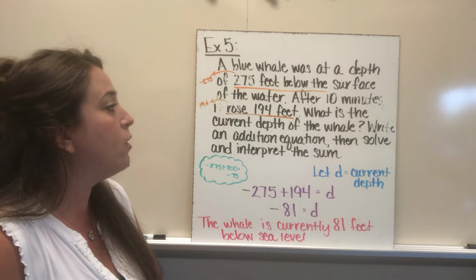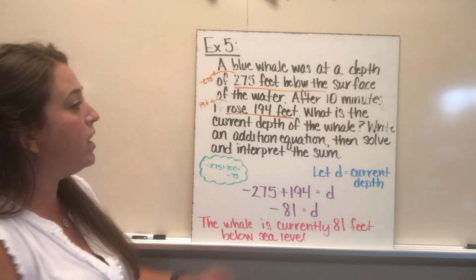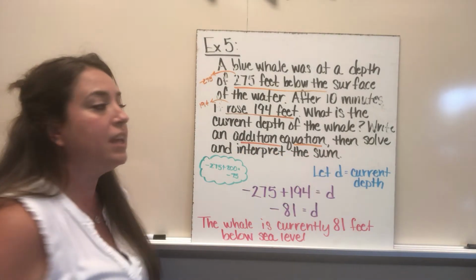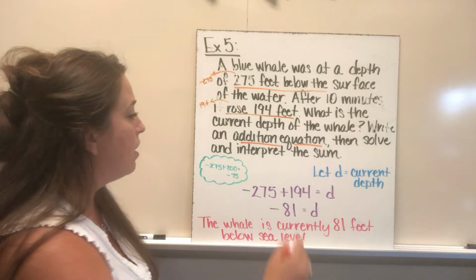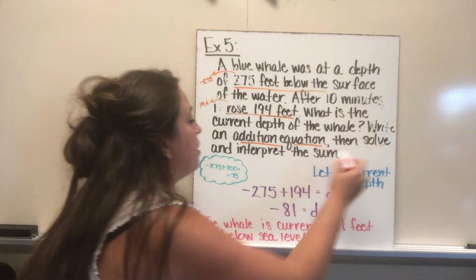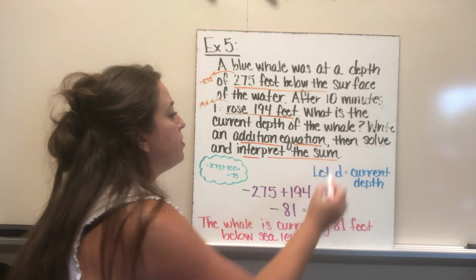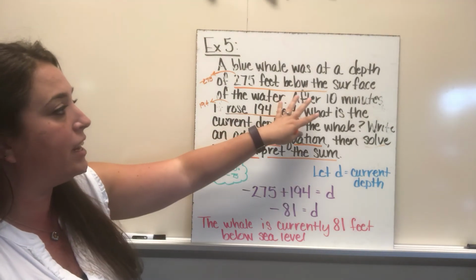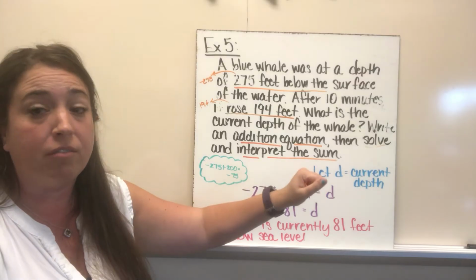So what is the current depth of the whale? We want to write an addition equation, meaning it needs to have an equal sign, and then solve, and then finally interpret the sum. So first of all, if I'm writing an equation and I need an unknown, I need to define my variable.